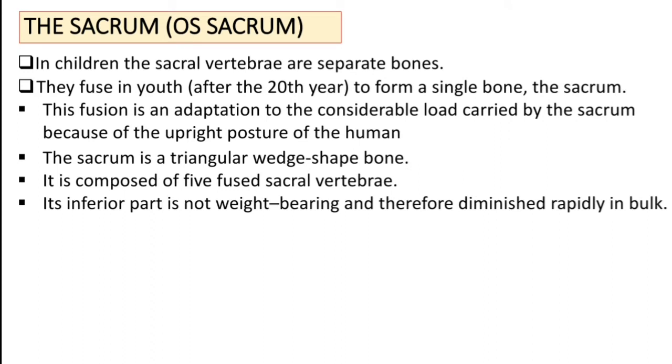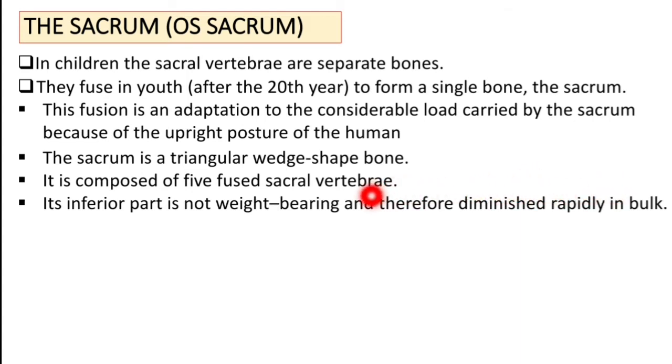The sacrum is a triangular wedge-shaped bone. It is composed of 5 fused sacral vertebrae. Its inferior part is not weight bearing, therefore it diminishes rapidly in bulk.